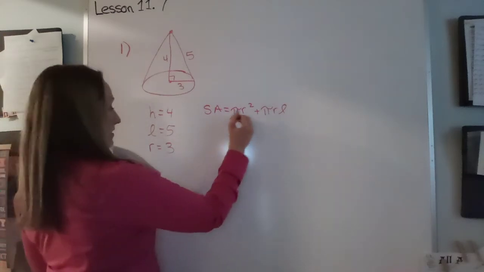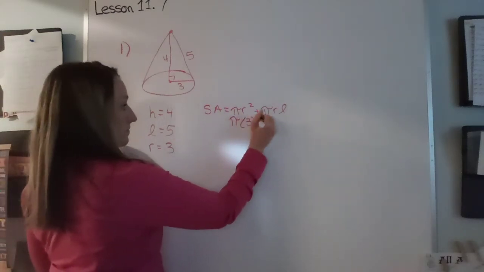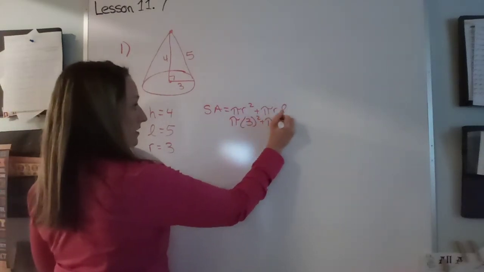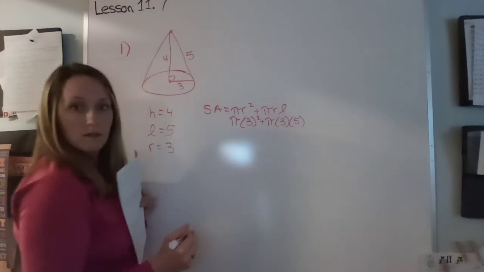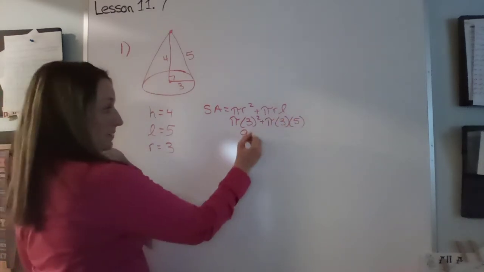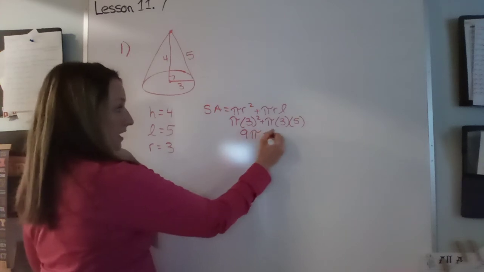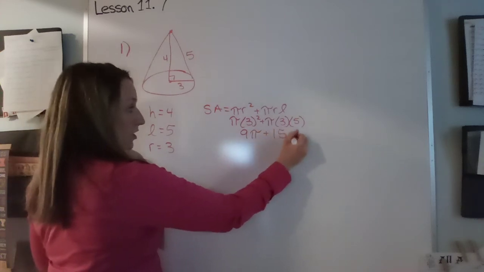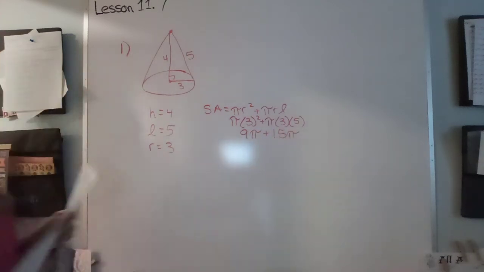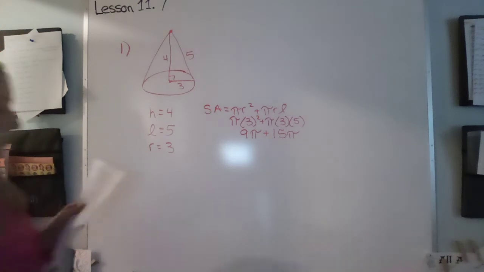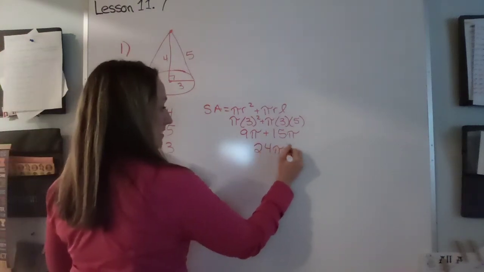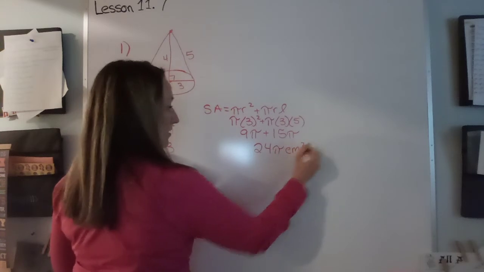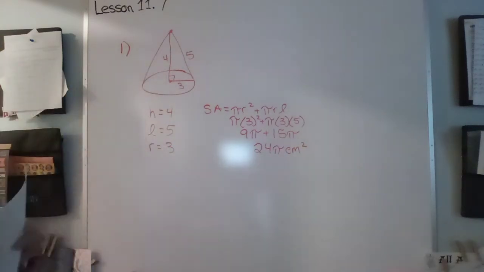Pi times 3 squared plus pi times 3 times 5 is 9 pi plus 15 pi. Those are like terms, so you can add them together to get 24 pi, and it's centimeters squared. So that's problem number 1.